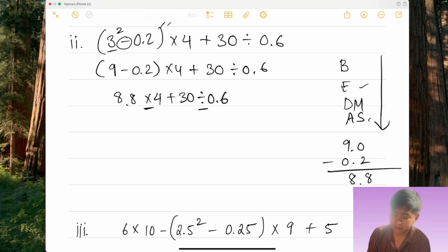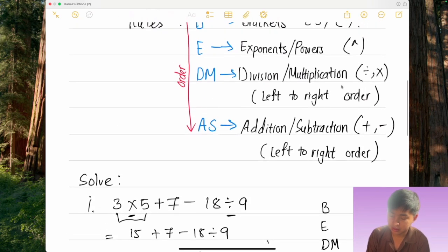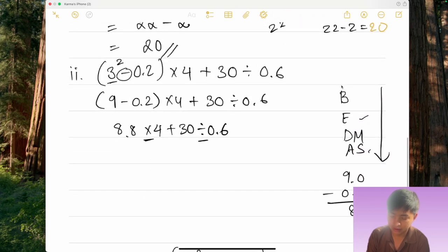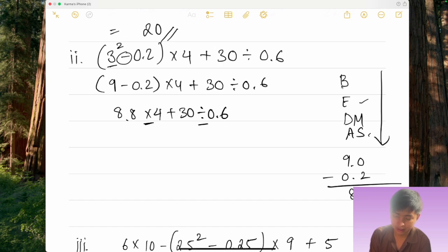According to our rule, it's from left to right, so whichever is towards the left gets operated first, and in this case we have 8.8 times 4.